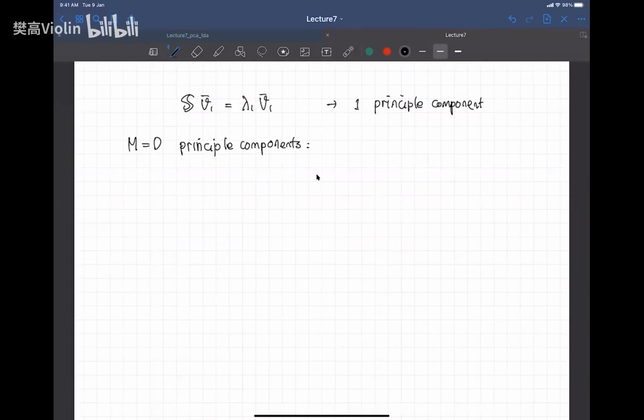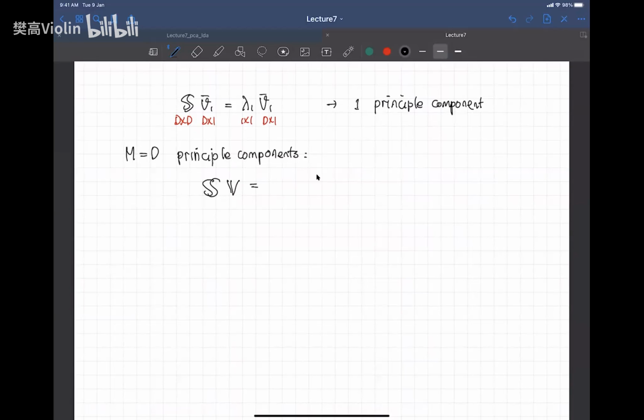So in this case, if you look at the dimensionality, this one is d by d. Now d by 1, 1 by 1, 1 by d. Oh, sorry, d by 1. Okay, so if you want to transform it into m or d principal components, this one has to be a matrix. So the vector V1 becomes a matrix V. And this one also becomes V multiplied by lambda.